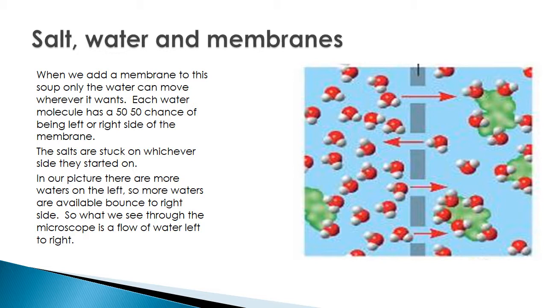Each water molecule has a 50-50 chance of being on the left or the right side of the membrane. The salts are stuck on whichever side they started on. In our picture, there are more waters on the left, so more waters are available to bounce to the right side. What we see through the microscope is a flow of water left to right.